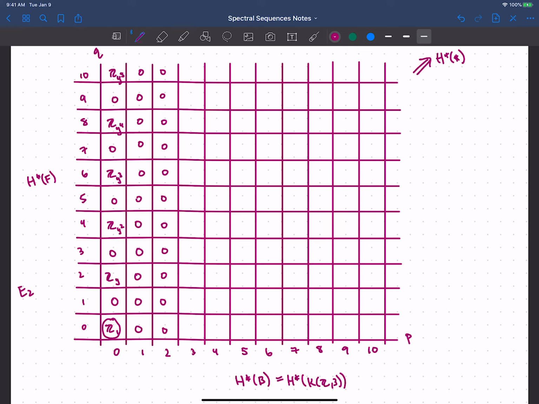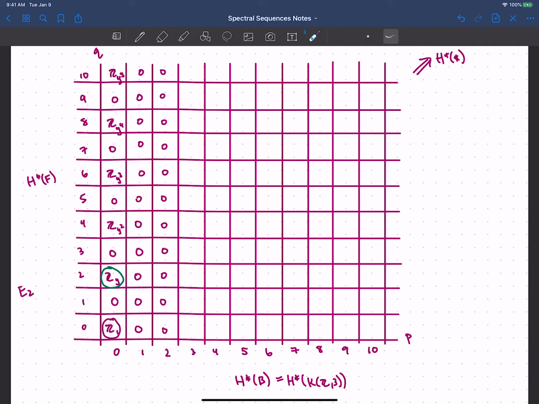Everything else is going to have to go. In particular, this next copy of the integers needs to die. And again, thinking about differentials, nothing can come from the side over here. And we're already on the E2 page, so I don't even need to consider d1, though in this picture it looks like it would be 0. But we don't know what was there on the E1 page.